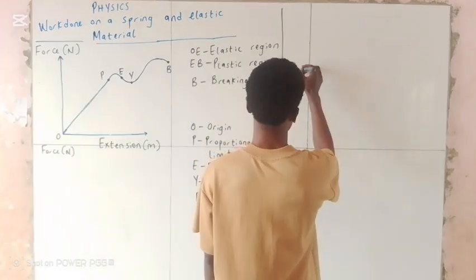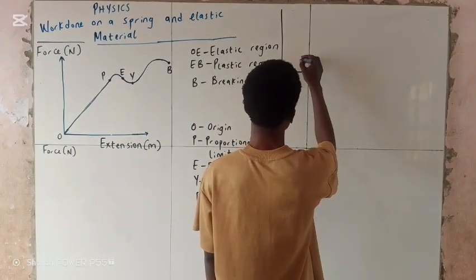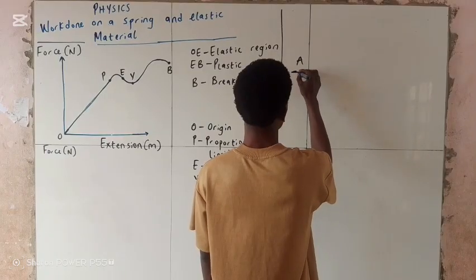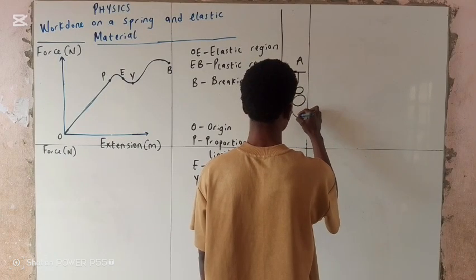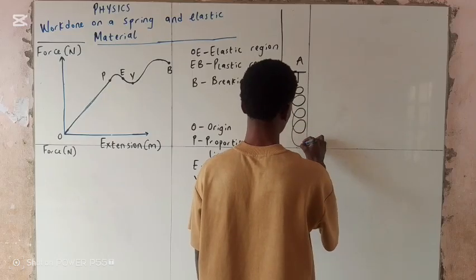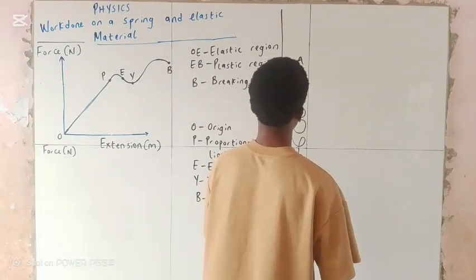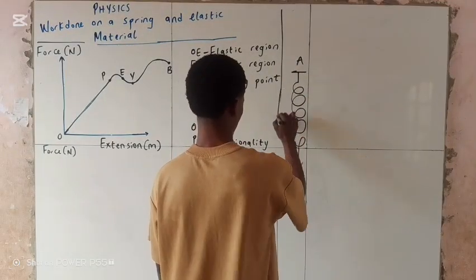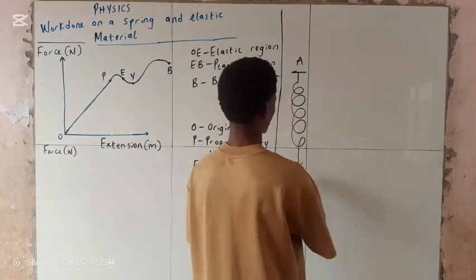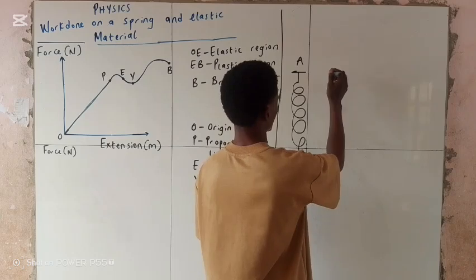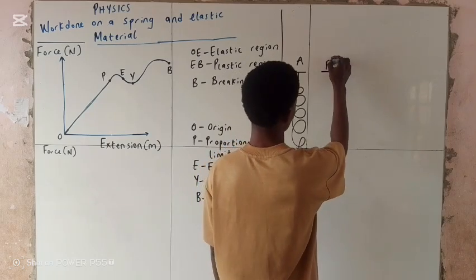I'm using this diagram to explain Hooke's law. We have a material. This one here is a spring, so this is the elastic material.